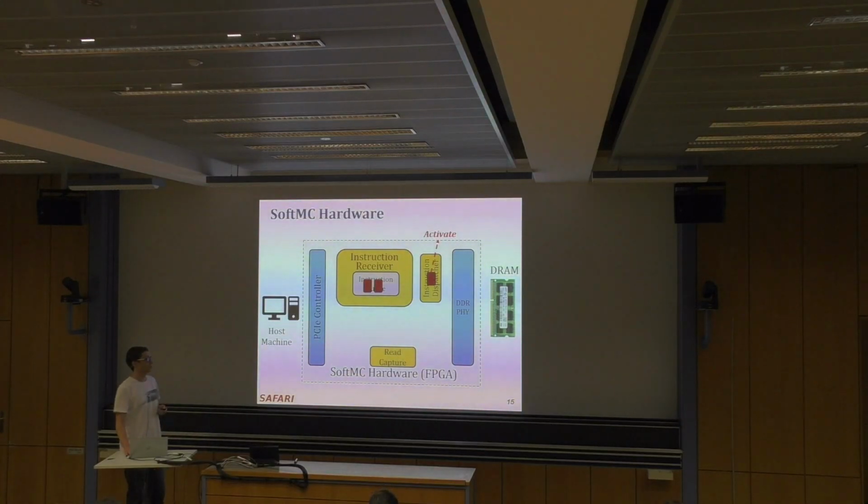In this example, let's assume the first instruction we get is an activate. The instruction dispatcher emits a DRAM command, the activate command, to the DRAM as a result of that instruction. And then the next instruction we get is wait. Here it gets a custom number of cycles to wait, in this case corresponding to the ready-to-access latency.